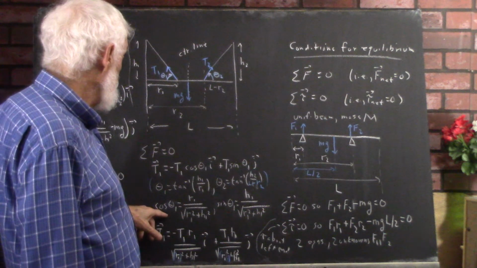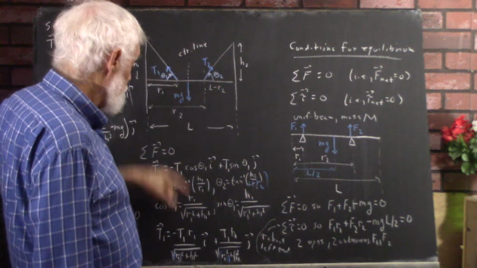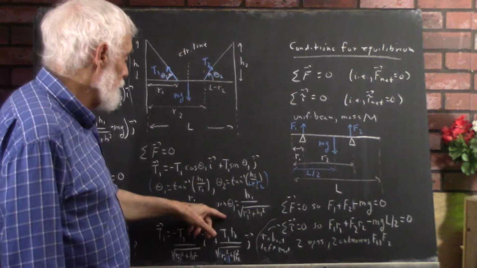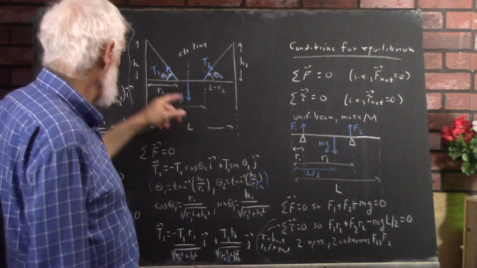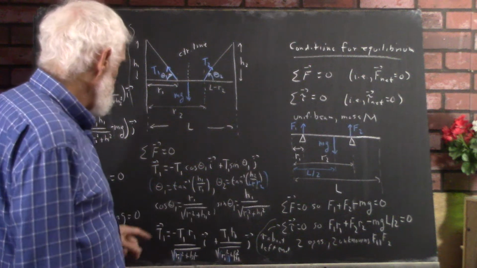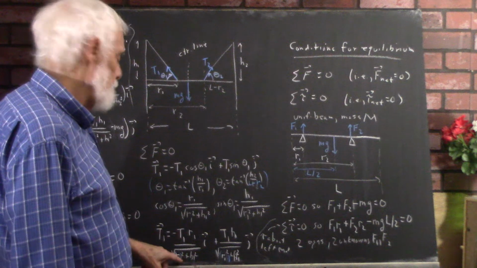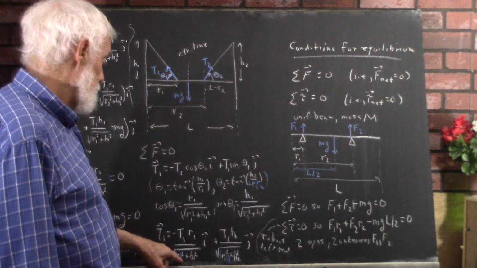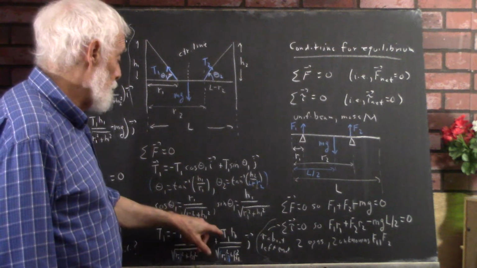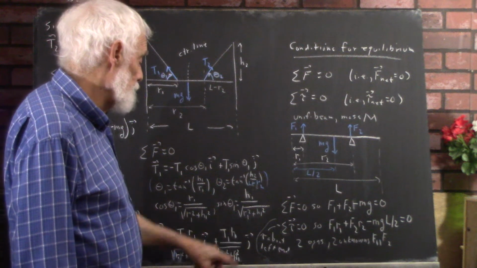So the cosine of theta 1 then is this side, R1, divided by the length of this side, which is the square root of R1 squared plus H1 squared. And the sine of theta 1 is just H1 over that, the opposite side over the hypotenuse, same hypotenuse. So the T1 vector is negative T1 R1 over the hypotenuse times the I vector plus T1 times H1 over the same hypotenuse.